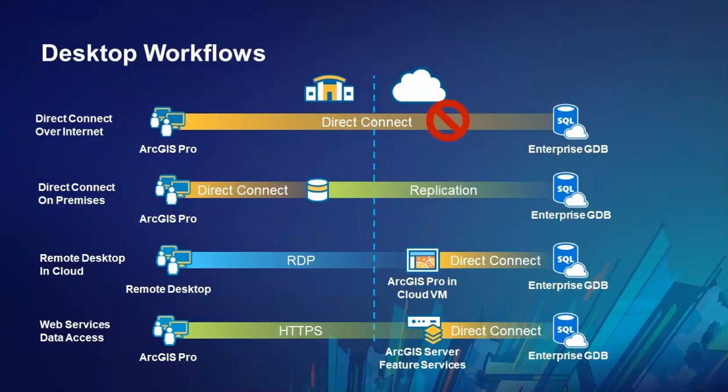But if everything is moving, like let's just say we've decided that we're moving everything to databases in the cloud, and our data center is actually going to be burned to the ground, then you need to figure out how to allow your users who still are in your office to connect to that, and that might be through remote desktop technology, or that might be through feature services, which are very well supported in ArcGIS Pro.